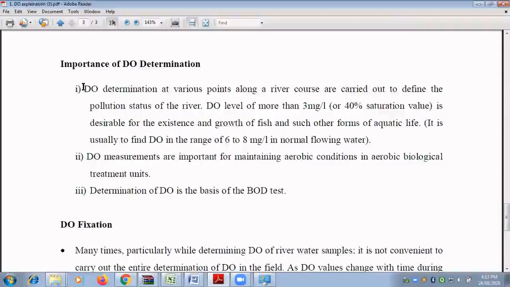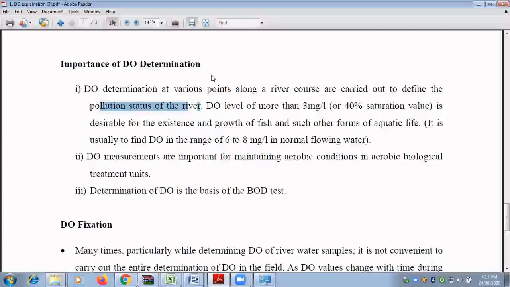I can even find out the pollution status of the river with the help of DO. How can I do so? Let's say I have a 12-kilometer stretch of river, and I have to find out the pollution status. Let's say at every 5 meters I collect a sample for DO and find out the DO value, so I'll be collecting 24 samples.